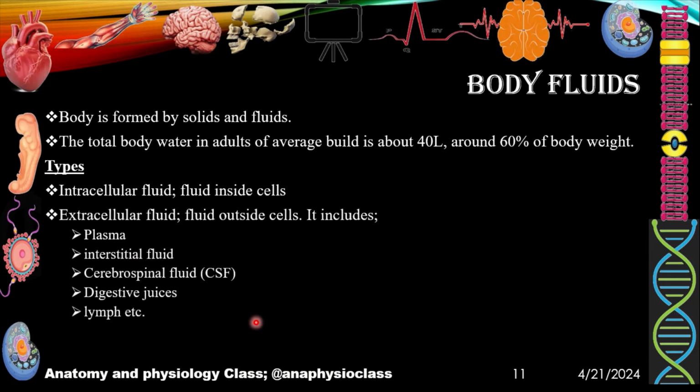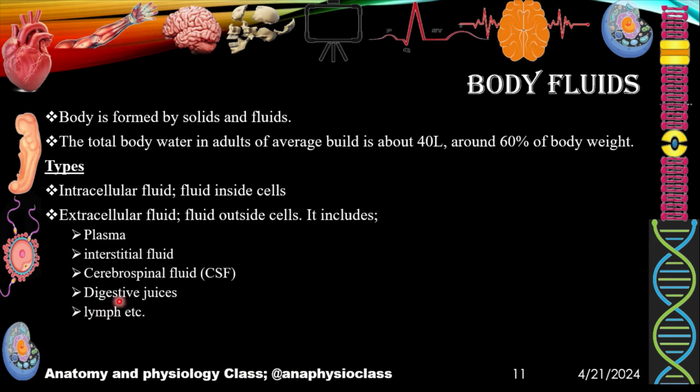Then extracellular fluid is the fluid outside the cells. The fluid outside the cells is the extracellular fluid, and it includes the plasma. Plasma is inside the blood, interstitial fluid, the fluid in between tissues, and cerebrospinal fluid. Cerebrospinal fluid is found in the CNS, in the regions where we can find the CNS: inside the cranial cavity and the spinal cavity or vertebral canal.